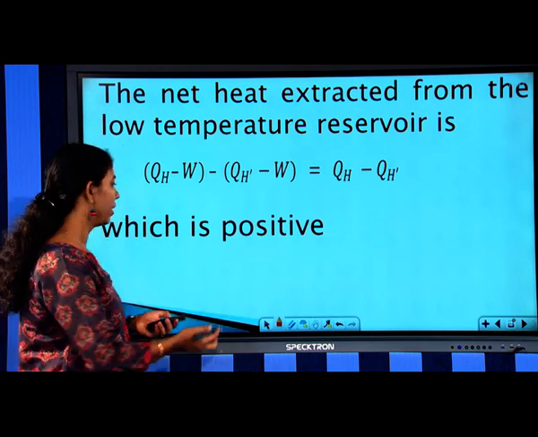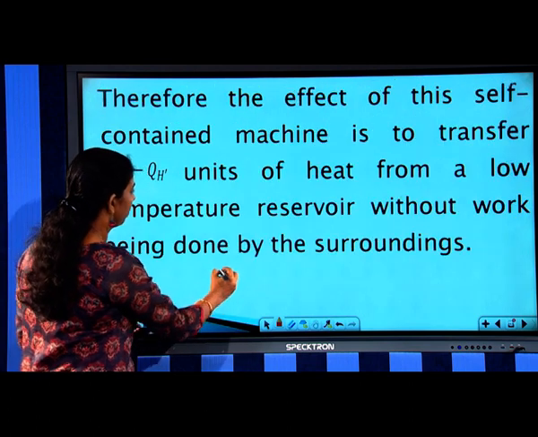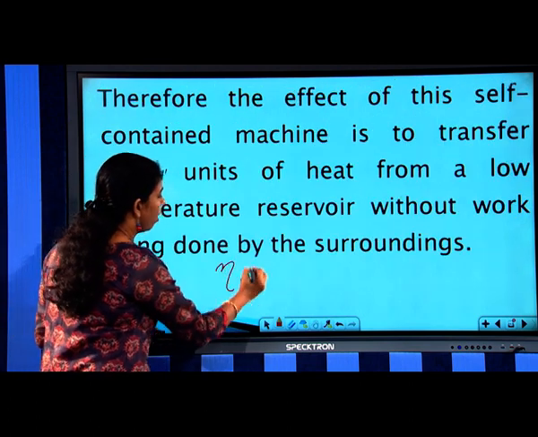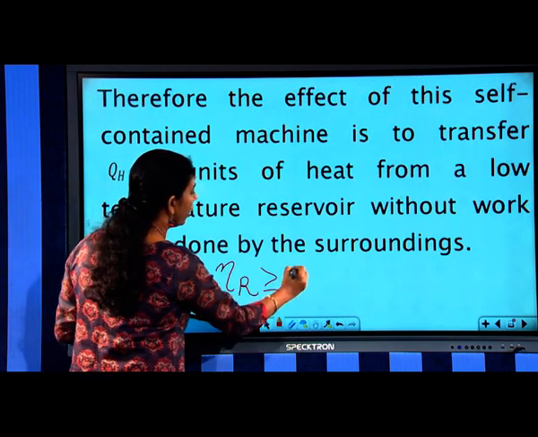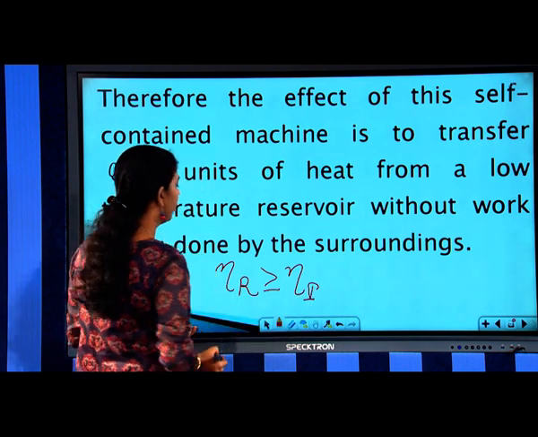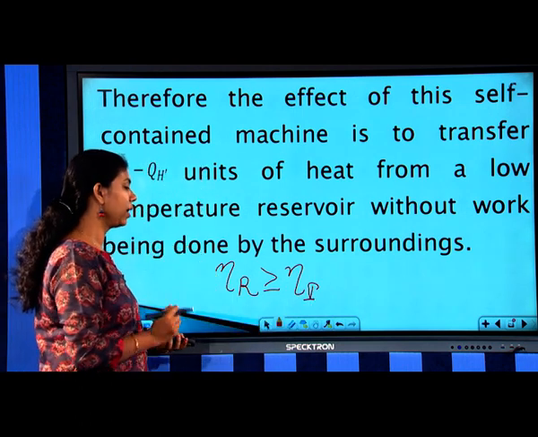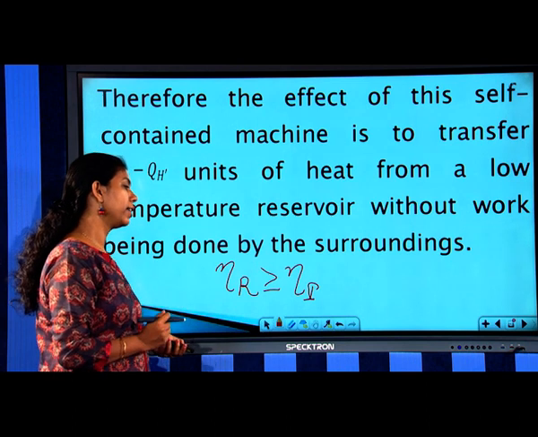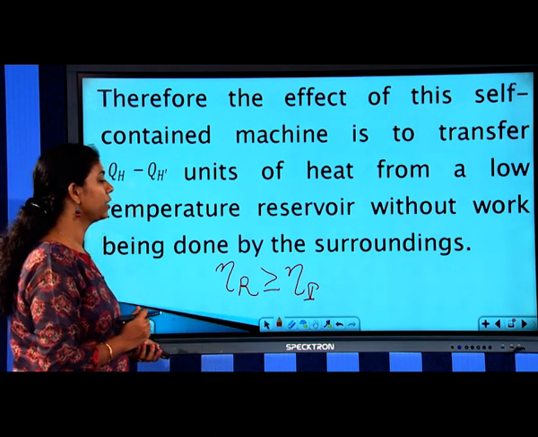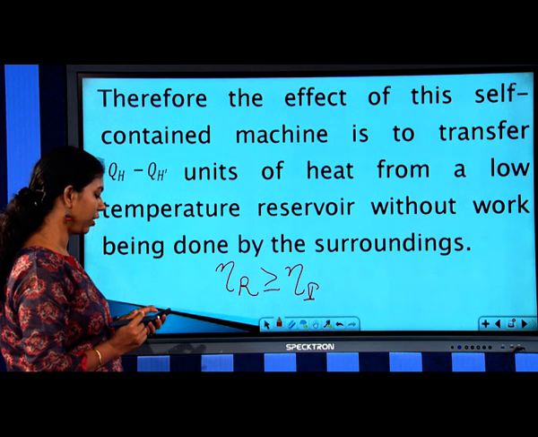Thus, the result is eta R is greater than or equal to eta I. That is, the efficiency of a reversible engine is greater than or equal to the efficiency of an irreversible engine.